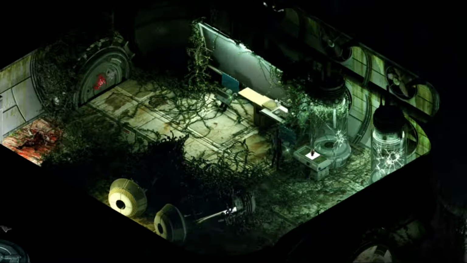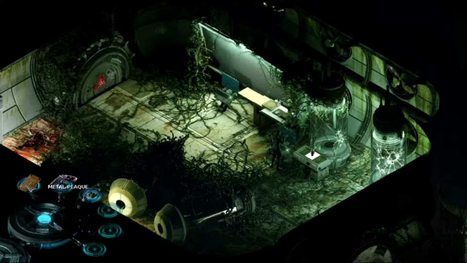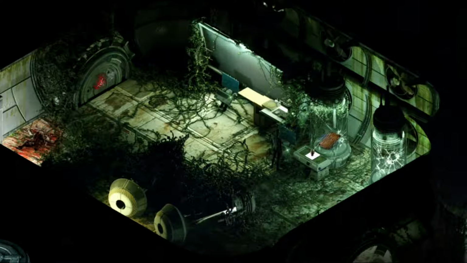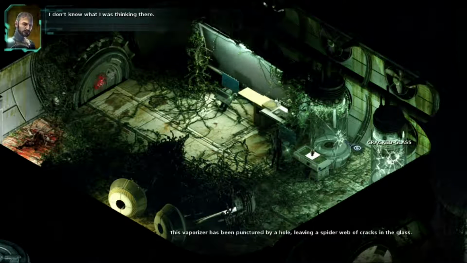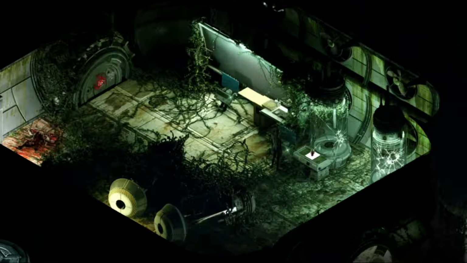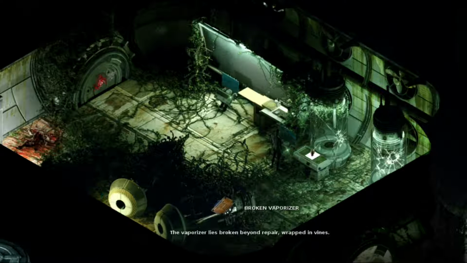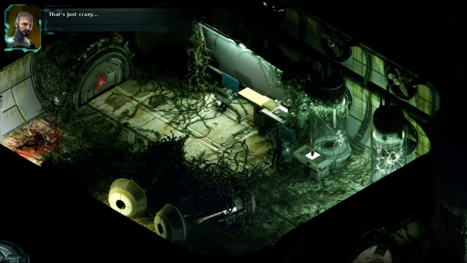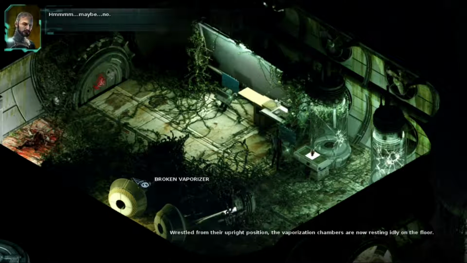So this is a cracked glass. Metal plaque. I don't know what I was thinking there. No. That's just crazy. Maybe?